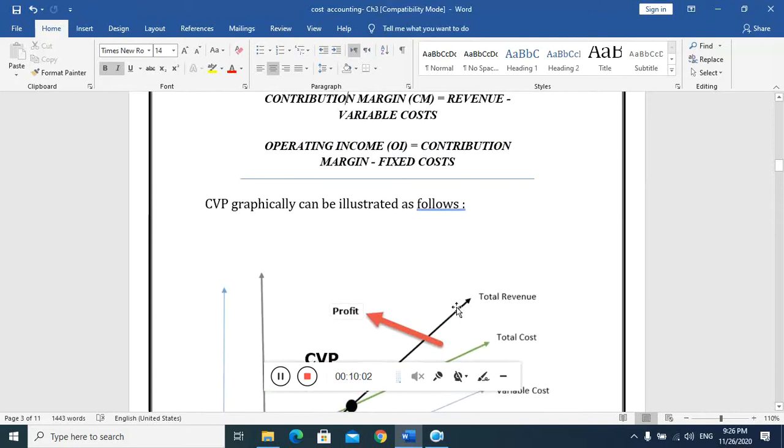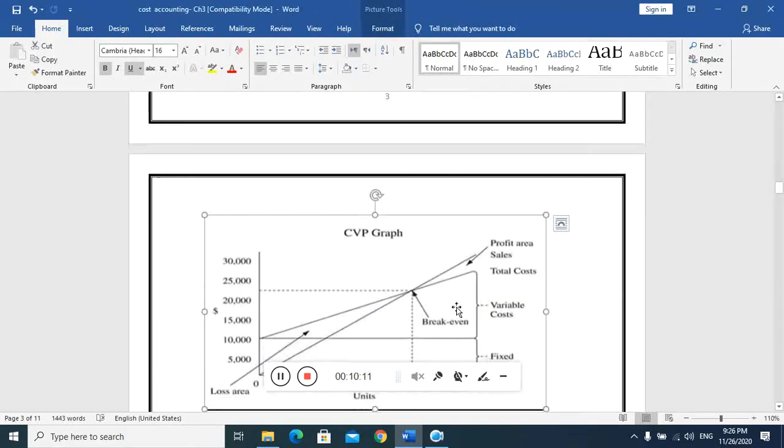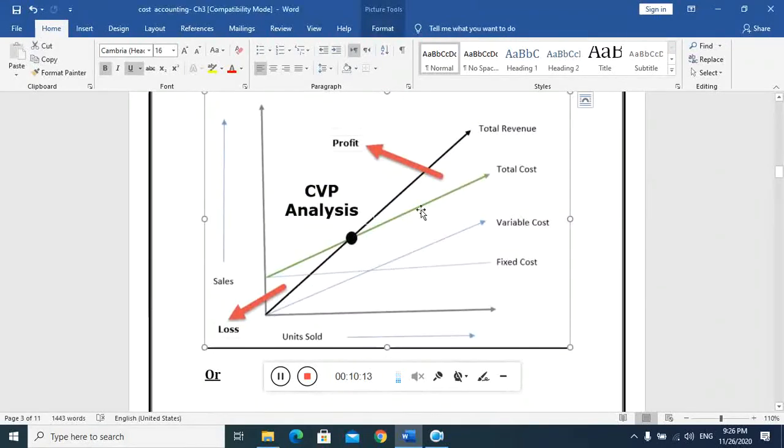We can show CVP graphically. It can be illustrated as follows, like this. This is the total sales revenue line. The vertical axis is the sales revenue, and the horizontal axis is the units sold or quantity.